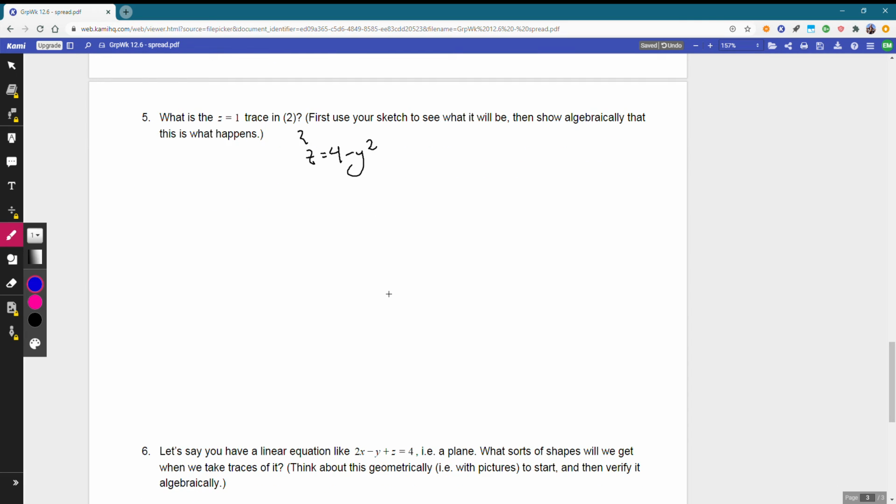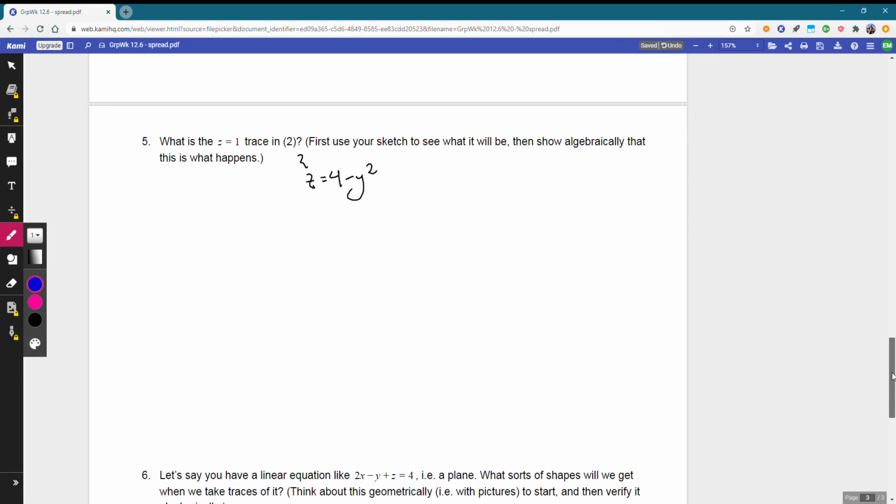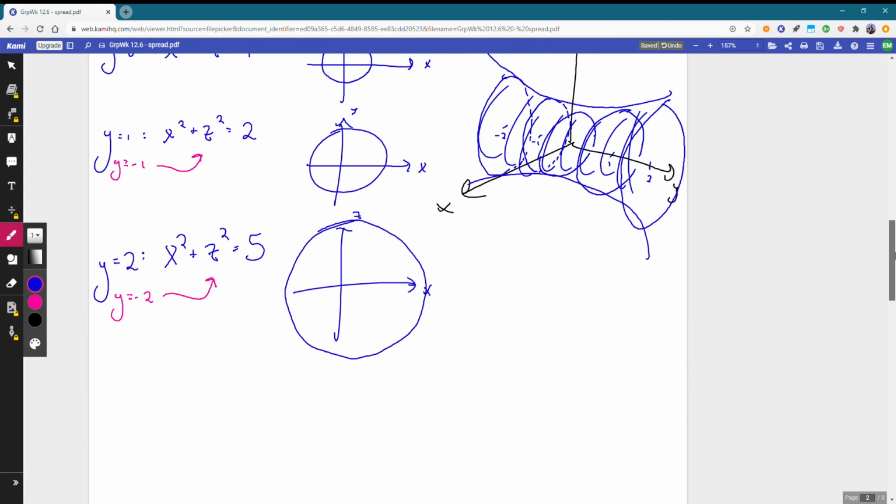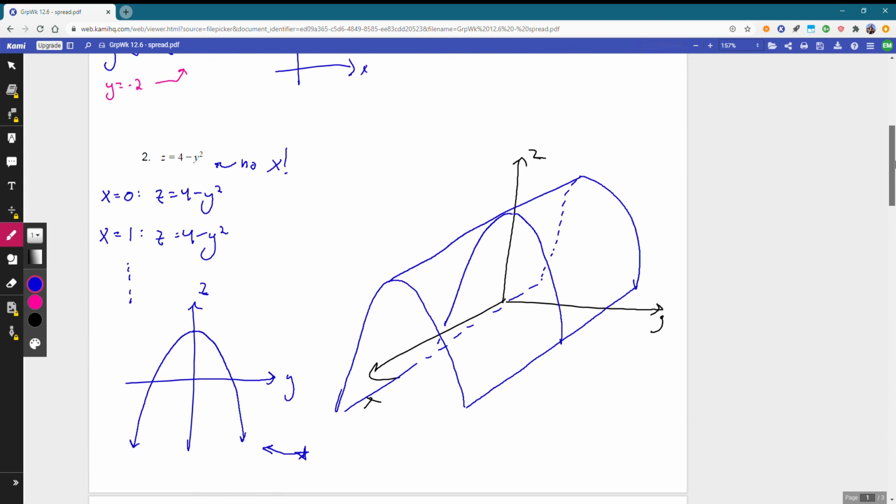All right, what is the z equals 1 trace in our equation from problem 2? Let's first use our sketch to check it out, and then check it out algebraically. So if we come up to our sketch, z equals 1. Imagine the xy plane pushed up by 1.